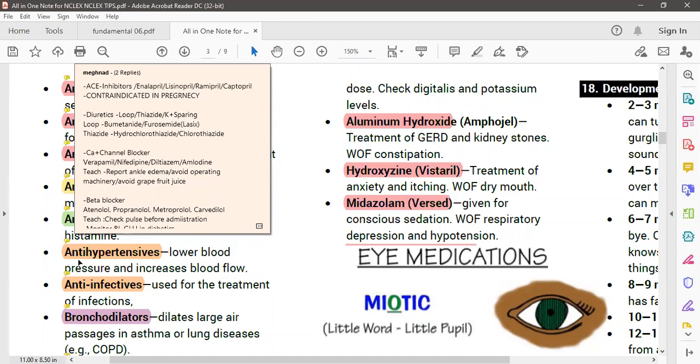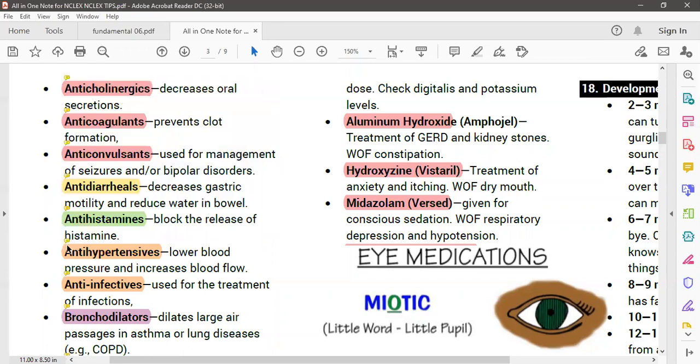The most common beta blockers are atenolol, propranolol, metoprolol, and carvedilol. So if your patient needs to take a beta blocker, what should we tell them?